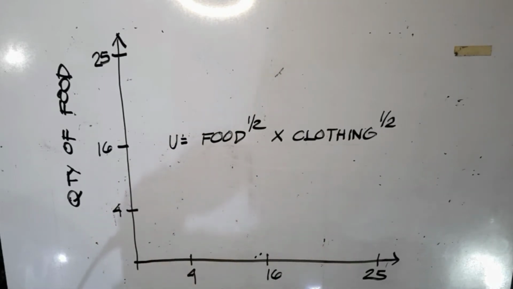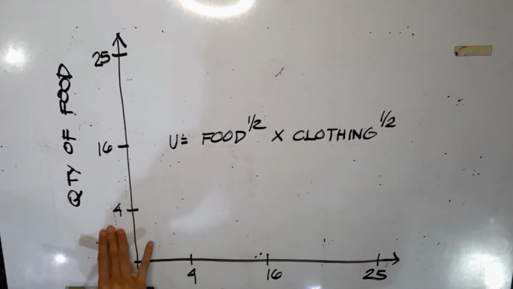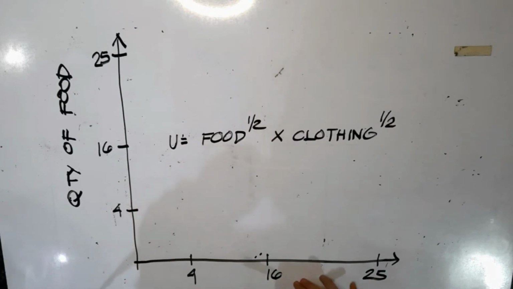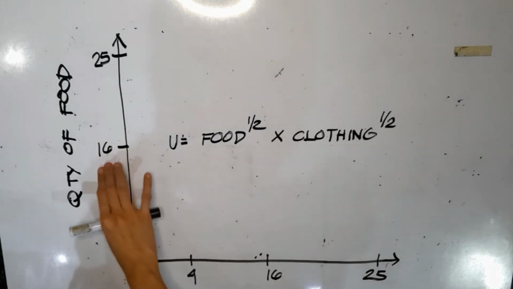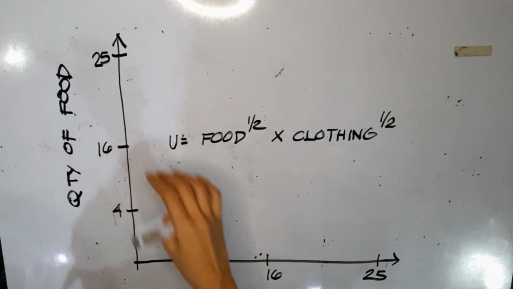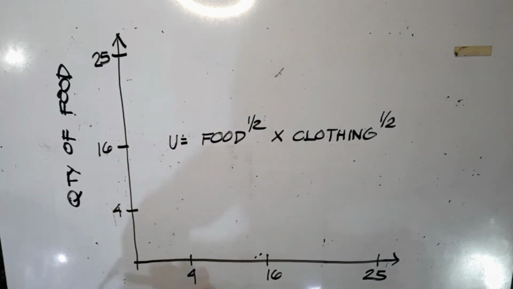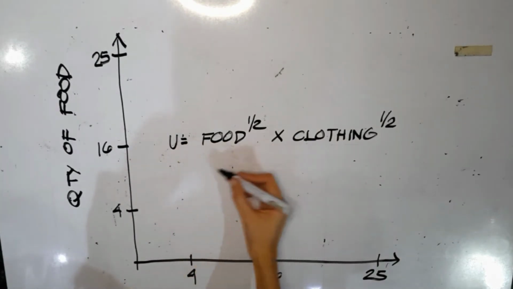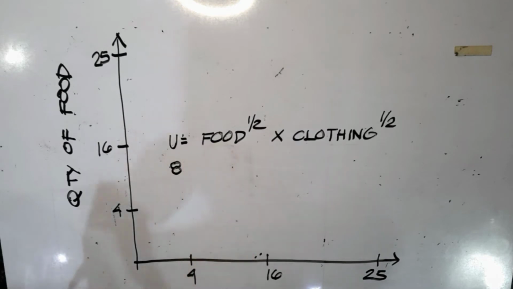Regardless if I get 4 units of food and 16 units of clothing, or if I get 16 units of food and 4 units of clothing, as long as I get a utility of 8.